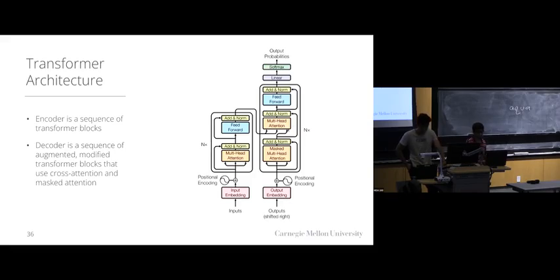The second thing that's different is that you have a multi-head attention where you have inputs from both your encoding side and your decoding side. This is called cross attention, and it allows you to relate the input and output sequences together, which is very useful.